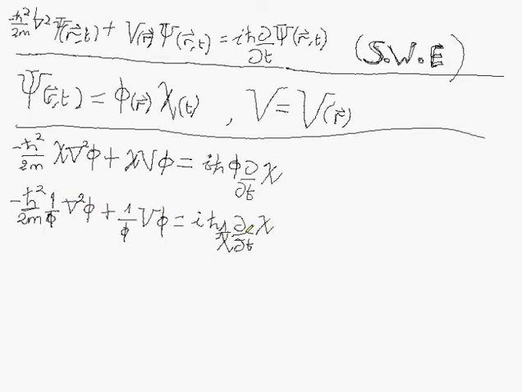Now, in order for this side to be only a function of position and this side only a function of time, but for them to be equal, they would have to both be equal to some constant. The reason we say they're equal to some constant is a little bit intricate, but it ends up being the only way that they're going to always be the same, since they both depend on two completely different things.